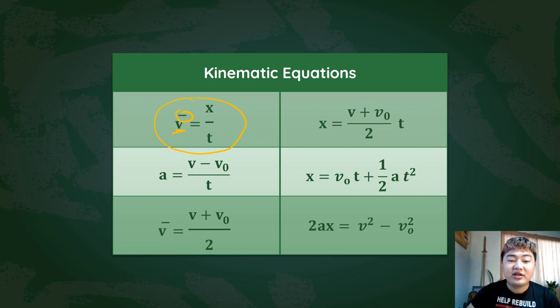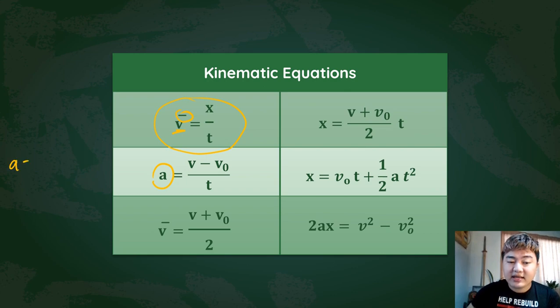Again, average velocity is equal to x over t, where x is position or displacement and t is time. V bar is your average velocity. Now, the next equation: a represents acceleration, and it is equal to v, the final velocity, minus initial velocity, v0, over t.